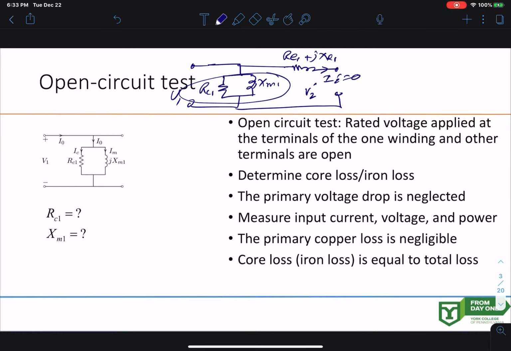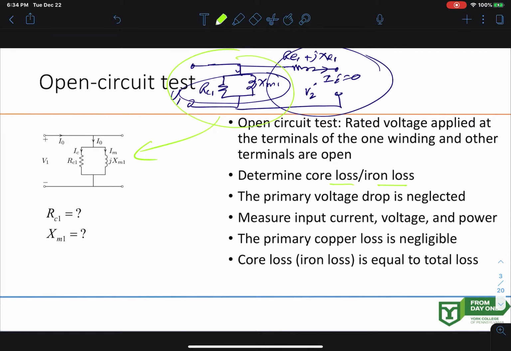So that means the only current is here. If this current is zero, then this branch does not exist, so we have only this part. So the open circuit test is done to find the core parameters, the iron loss, all right?